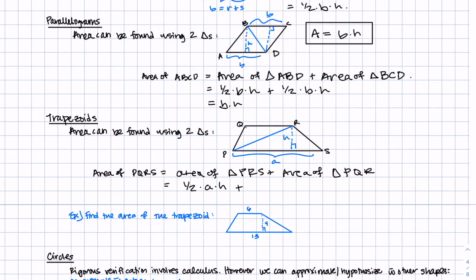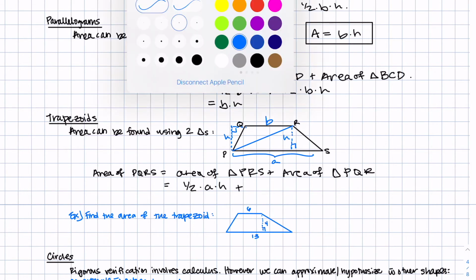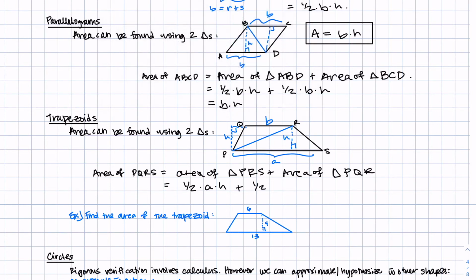So if my height would be this height here, which is the same as my other H, but my base is going to be this length B. So we have 1/2 B times H. So again, just factoring out the 1/2 and the H, this is 1/2 (A plus B) H.